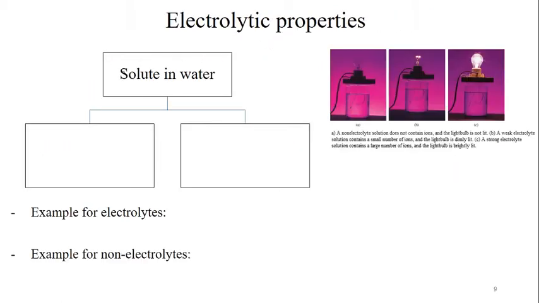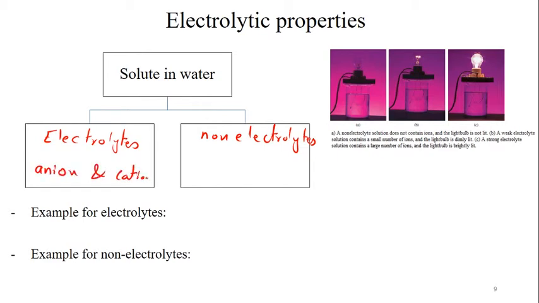When I dissolve any solid in water, it forms what we call electrolytes or non-electrolytes. If it is an electrolyte, this means the solid that I'm dissolving will dissociate into anions and cations, while a non-electrolyte will not dissolve into anions and cations.